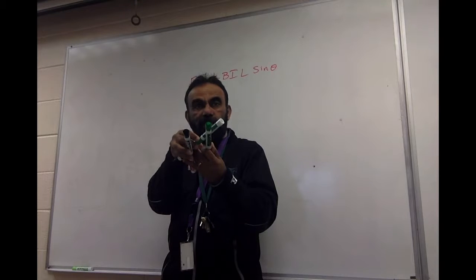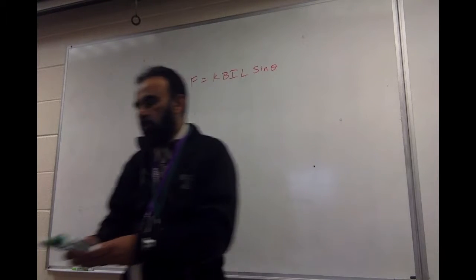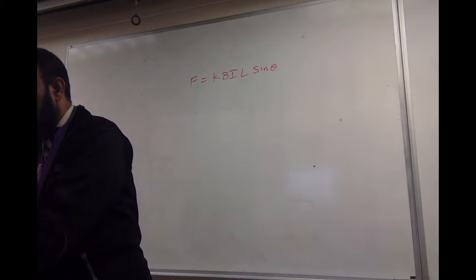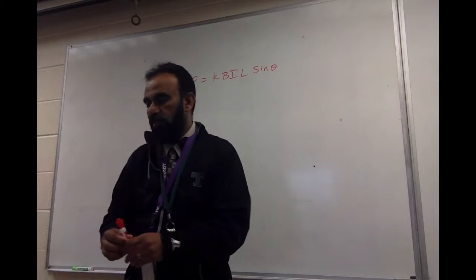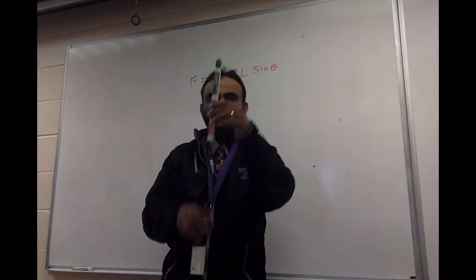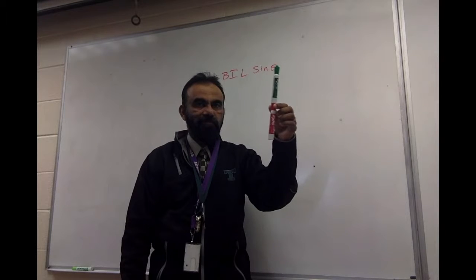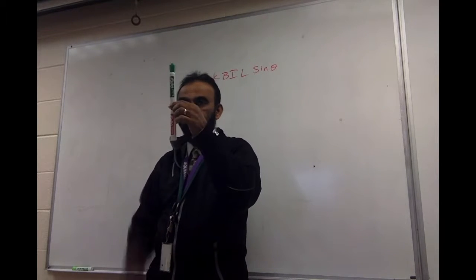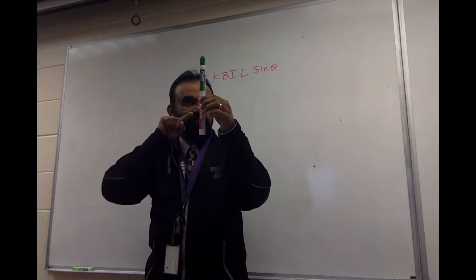How the magnetic field looks at it is more important. So how much of this marker do you see now? All of it. Why? Because you're looking perpendicular to it.